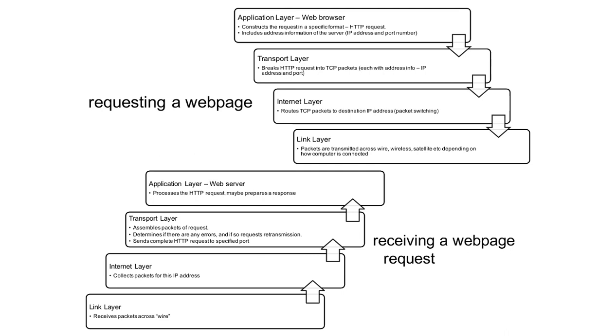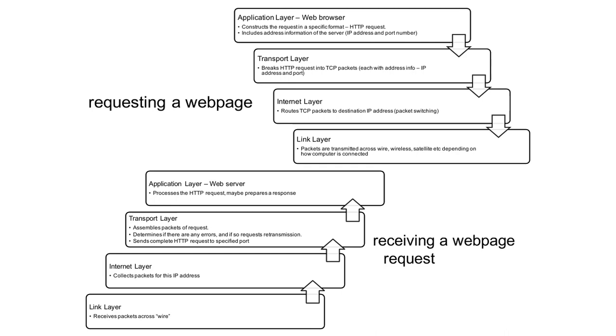What the server does is, all this information goes through these layers on the server side, and once the server sends the information, it will be received by your client computer, the computer that generated the request. So receiving happens like this: receive packets across the wire or the channel, that happens in the link layer, and from the link layer it transfers to the internet layer, that means collect the packet for this IP address.